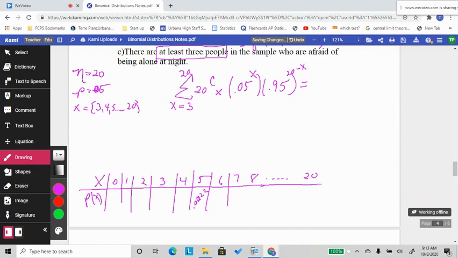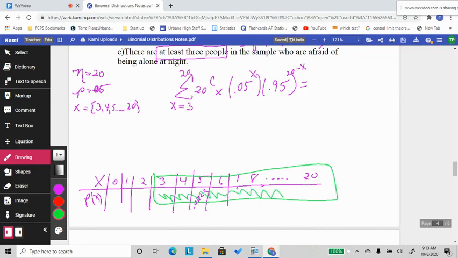All right, now we want the probabilities from 3 all the way to 20. So we want all of these added up. That's what my question is. So let's say, and I haven't done the question yet, so let's say that this answer is 0.6. If this answer is 0.6, let's think about it as the complement, then this answer, 0, 1, and 2, would have to be 0.4.